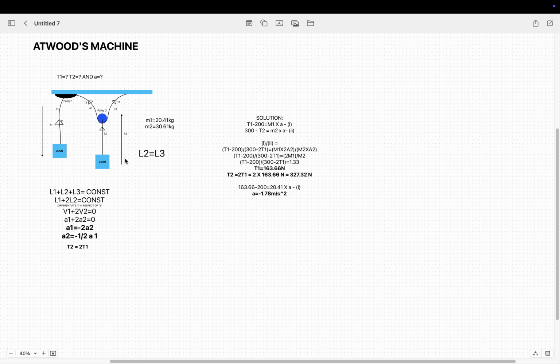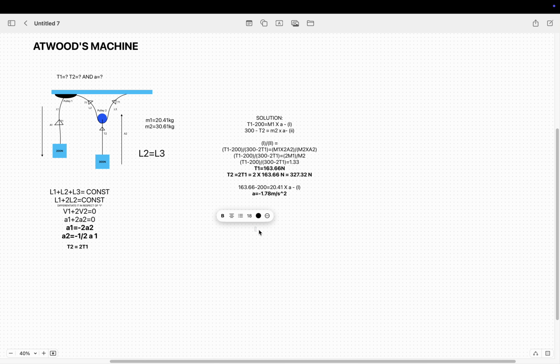And the logic of the tension is only the length. So the answer is not actually the T1 and the T2 and the A. My objective was to teach you that the pivotal point of this concept, the Atwood's machine, is not only limited to deriving tensions or accelerations.